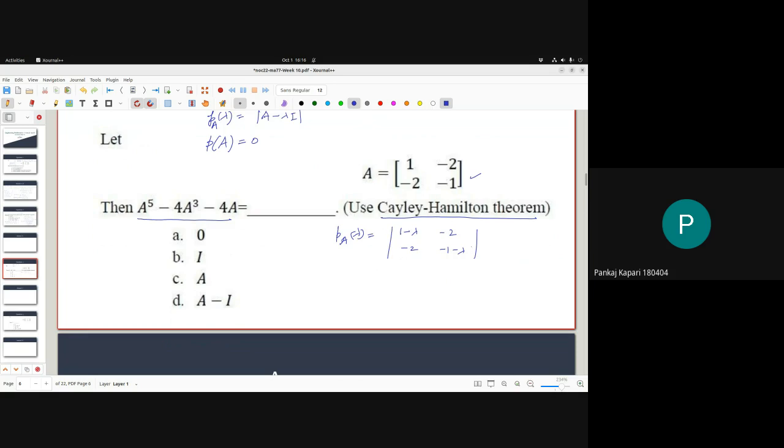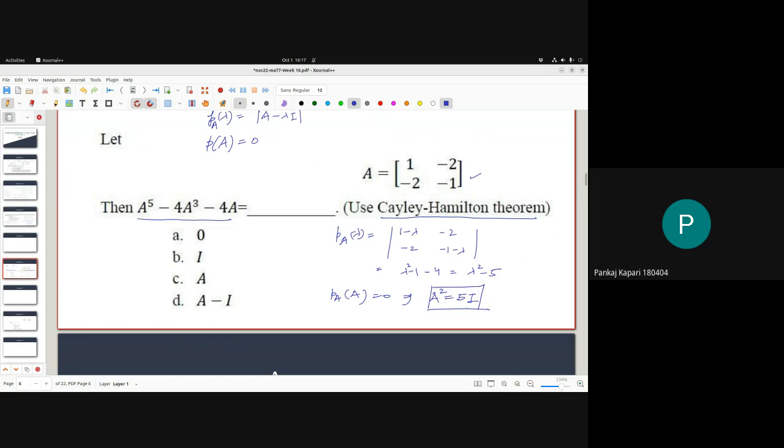If you find this determinant, you will have lambda square minus 1 minus 4, and that must be lambda square minus 5. This is our characteristic polynomial, and the Cayley-Hamilton theorem says that if you put A instead of lambda, this must become the 0 matrix. That means A square must be equal to 5 times the identity matrix. So we have this relation here.